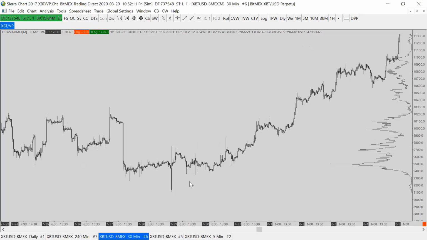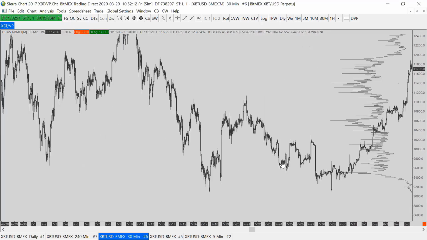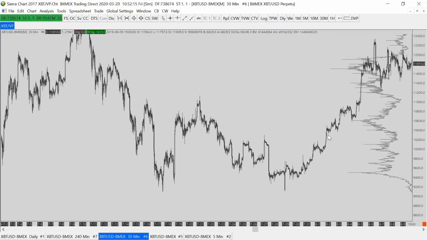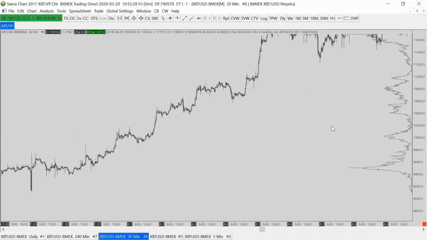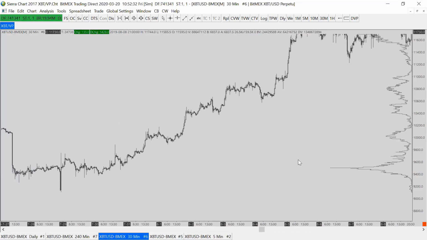Okay, so I've just got this run up here back at the top, and what I'll do is just cover this whole move, marking out both HVNs and LVNs, just to demonstrate how price tends to interact around these levels.